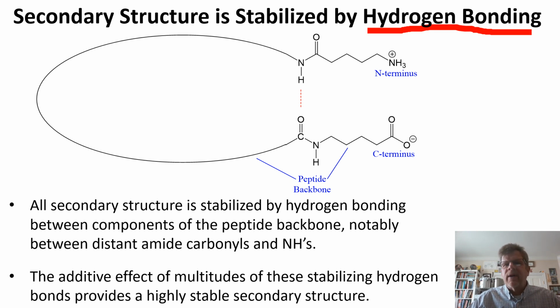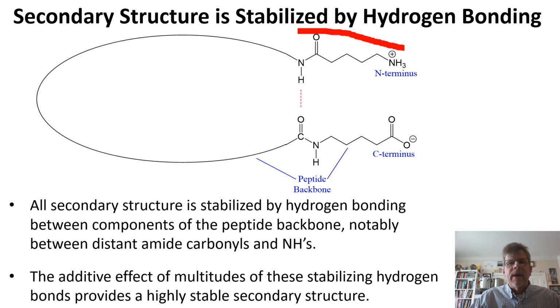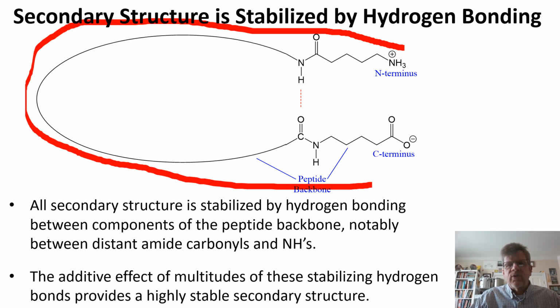What we have in this drawing here is a very representative view of a protein chain. We're just looking at the peptide chain swinging around here from N terminus to C terminus, if you can imagine that. And within this overall primary structure, we have areas in which we have these hydrogen bonding, and they're always between components of the peptide backbone.